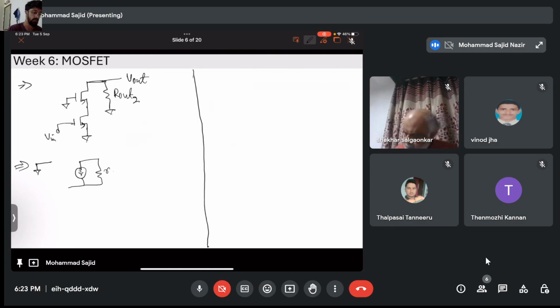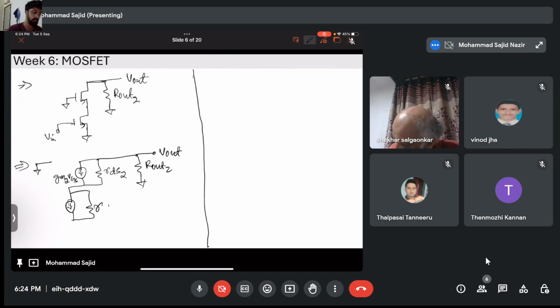So it will be like this. RDS2. This is gm2 Vgs. And this will be resistance R out 2. This is your V out. And similarly, we have here RDS2, gm1 Vgs, and we have here VN.